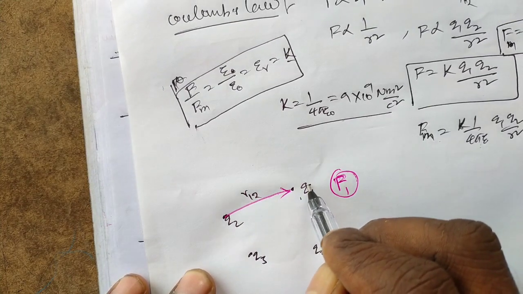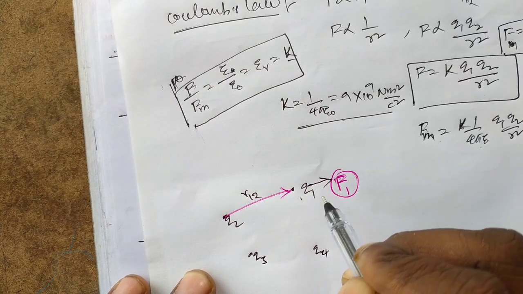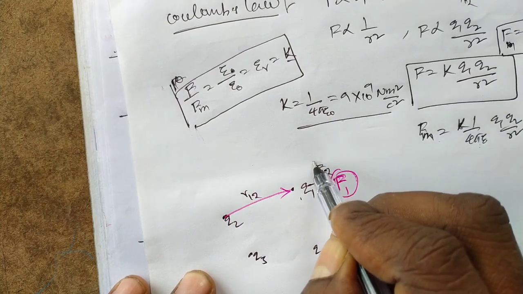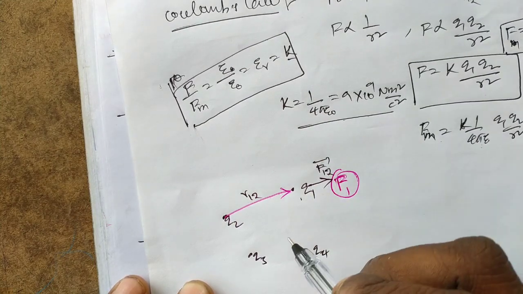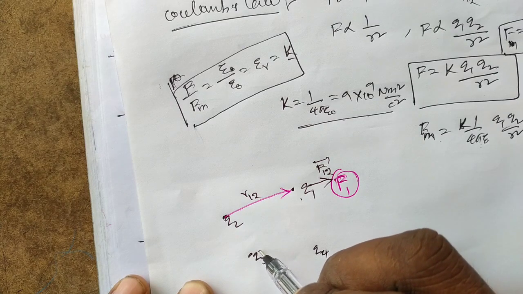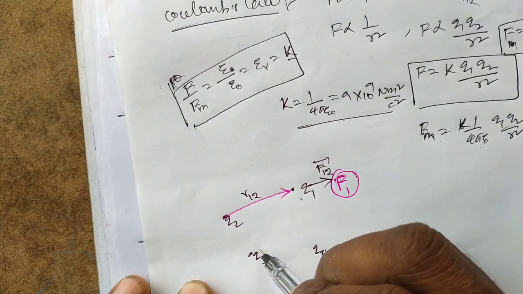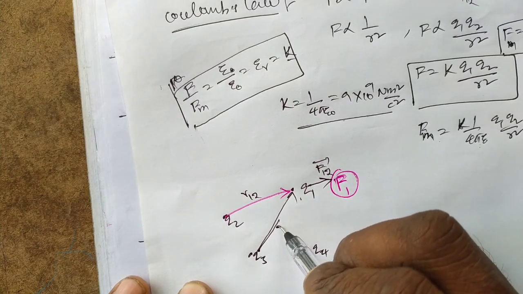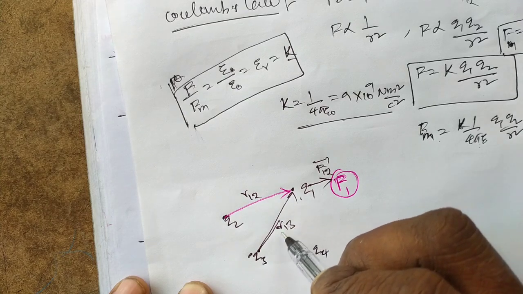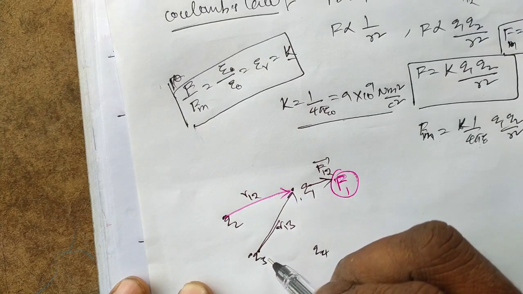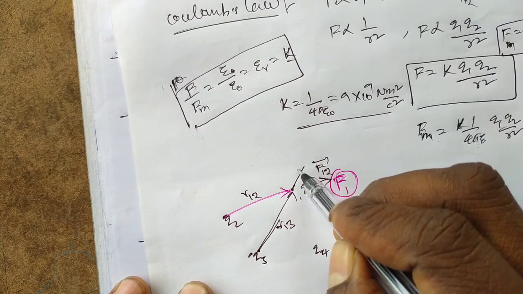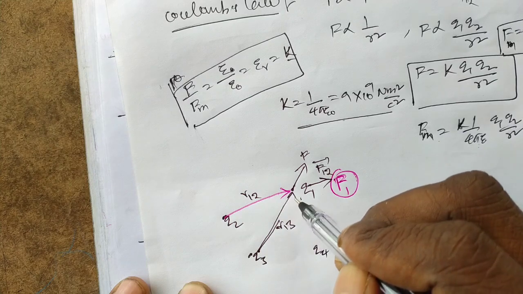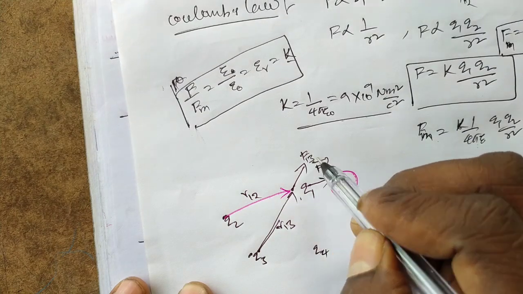This force is a repulsion force. It is F12. The F12 direction is the repulsion force, like this. Suppose if there is the Q3 charge, this distance is R13, the distance between Q1 and Q3. The resultant force from Q3 on Q1 is the F13 force.